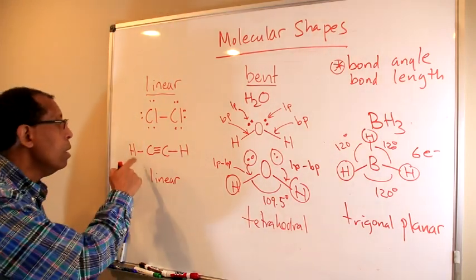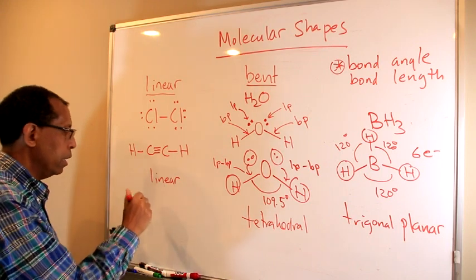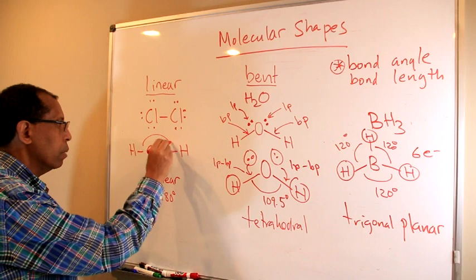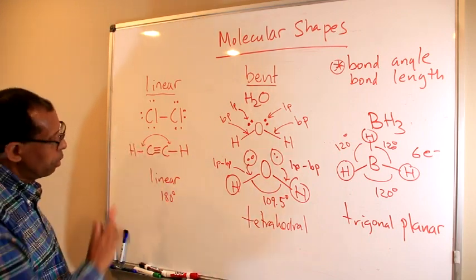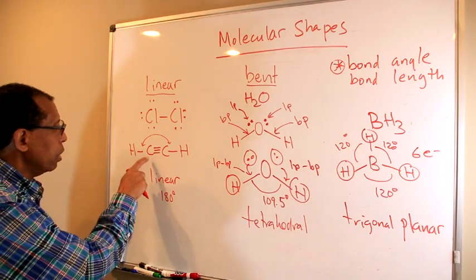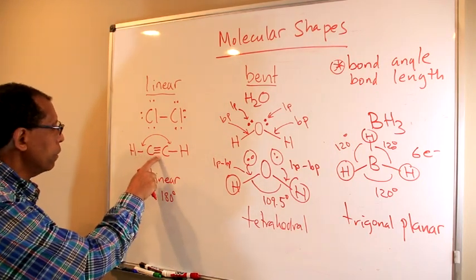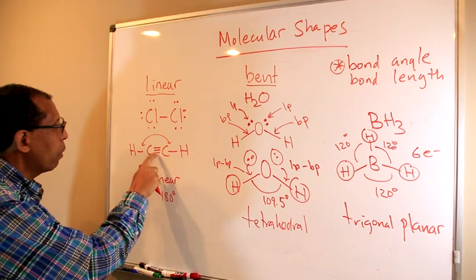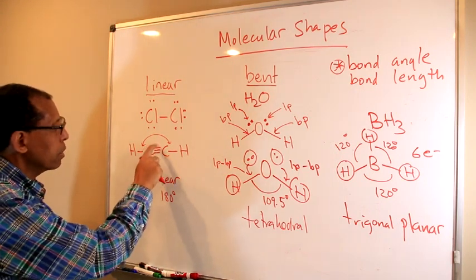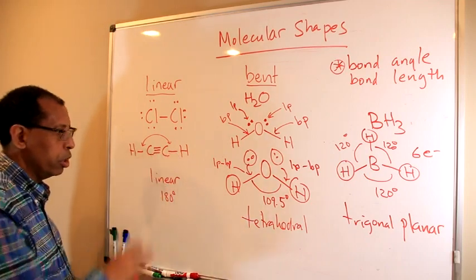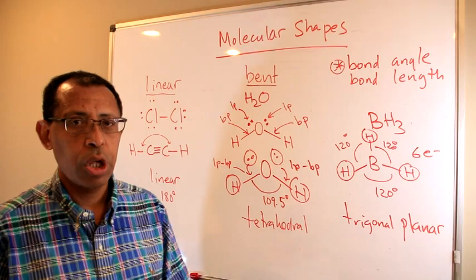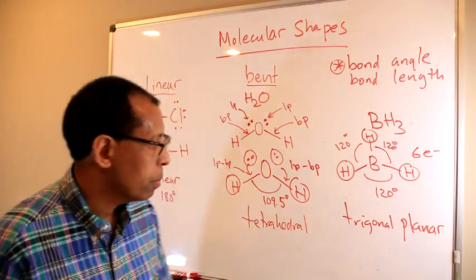So the shape of this molecule is linear, and it is 180 degrees of bond angle. This bond angle is 180 degrees, and as you see, the octet rule is satisfied. 1, 2, 3, 4, 5, 6, 7, 8 around each carbon. So this is a stable molecule, but its shape is a linear molecule.